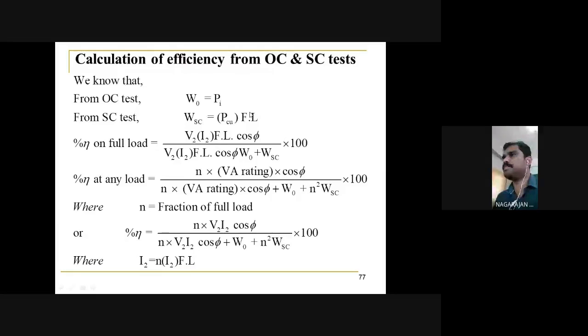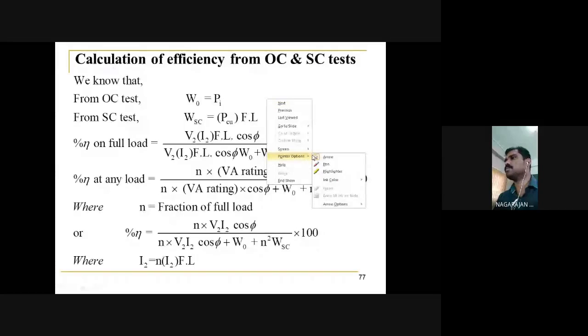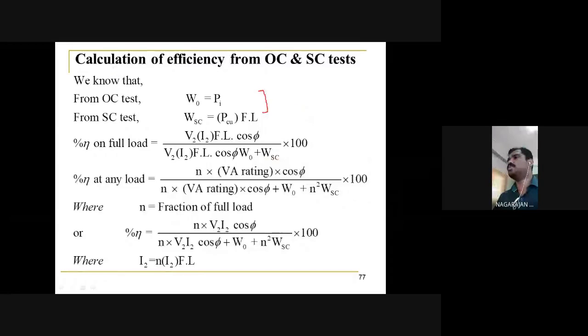So that is why they have mentioned it as FL. FL stands for full load. So what you are measuring in the short circuit test is called the full load copper loss. Now the efficiency of the transformer. So these two are the losses. The efficiency of any machine is given as output divided by input.